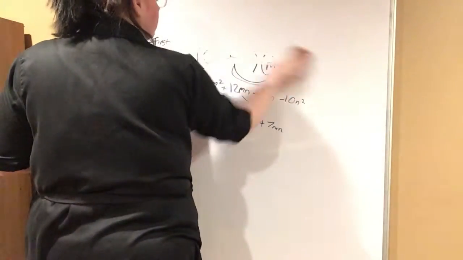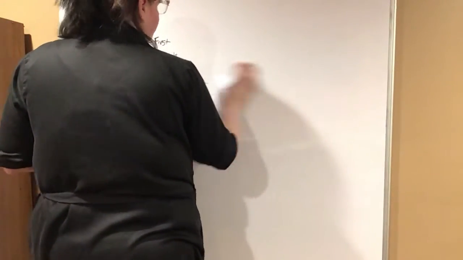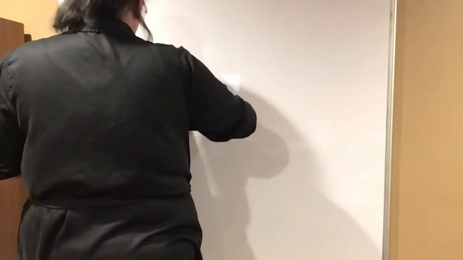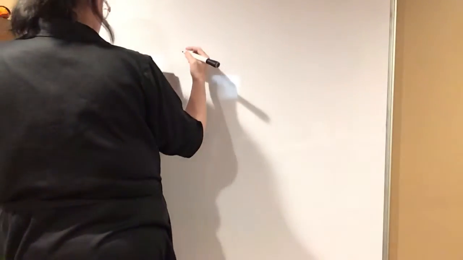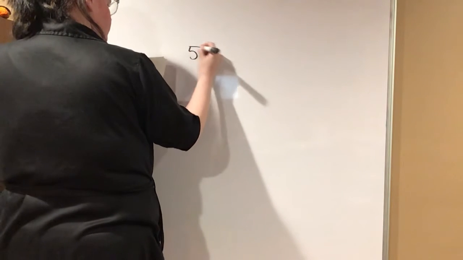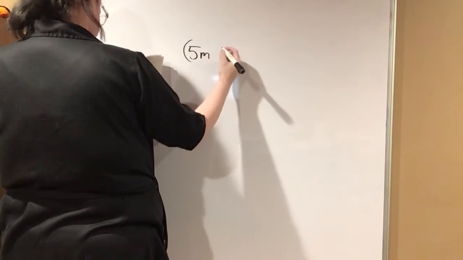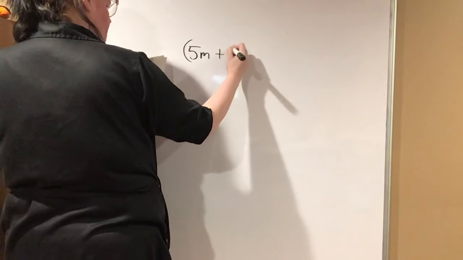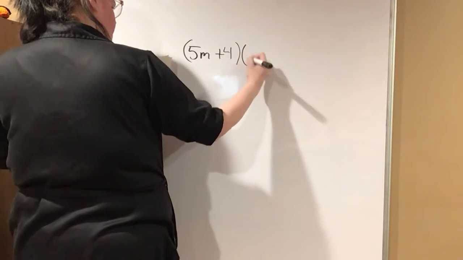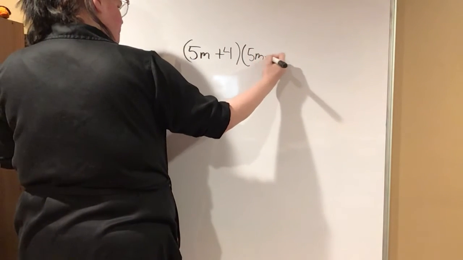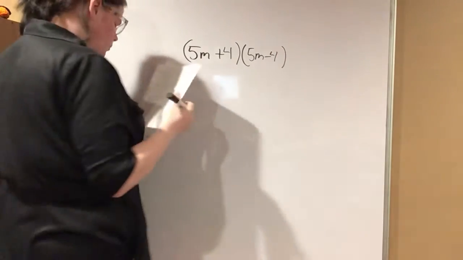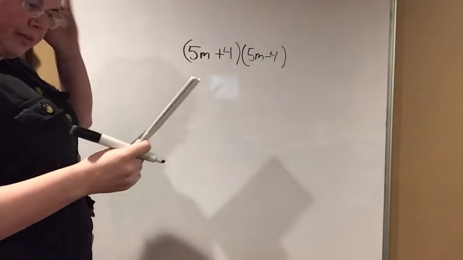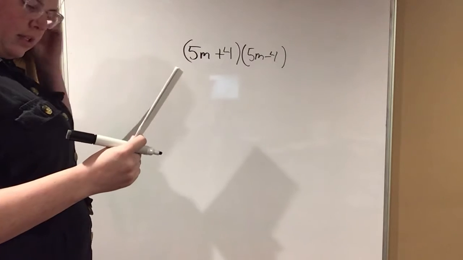So let's look at some special cases. If I'm given one like this, 5m plus 4 times 5m minus 4, we can do the FOIL method, but this is a special case.